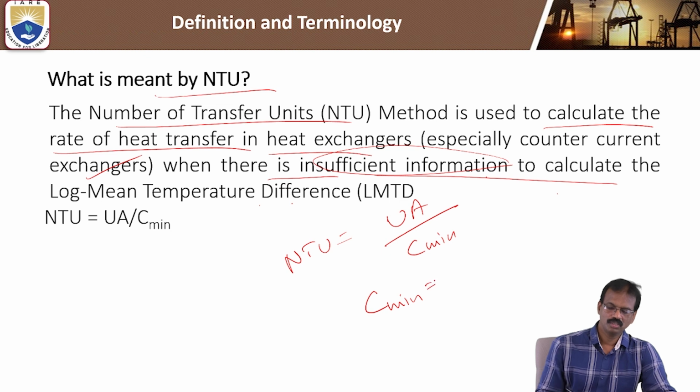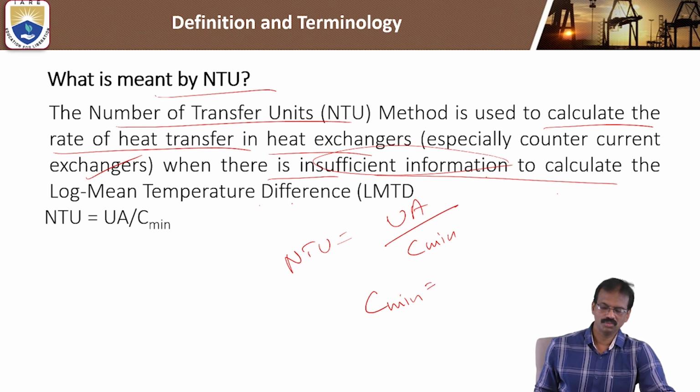So this is the formula. C minimum is equal to... where only inlet temperatures are there.